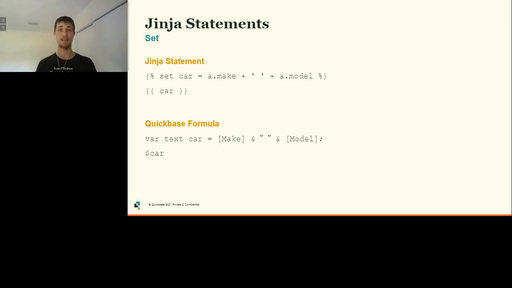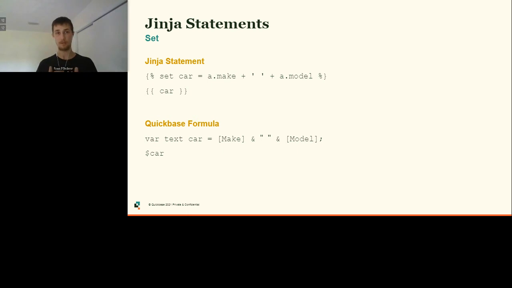They are able to do a lot of things, and the same with Jinja. Jinja is very similar to formulas, but within pipelines. Quickbase formula language is usable within formulas and throughout the platform, and the formula equivalent within pipelines would be Jinja.